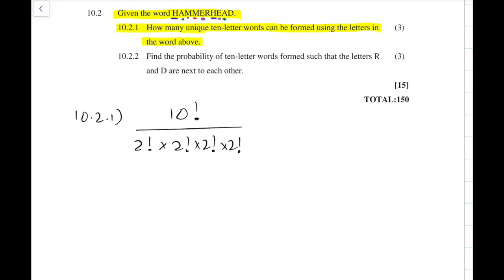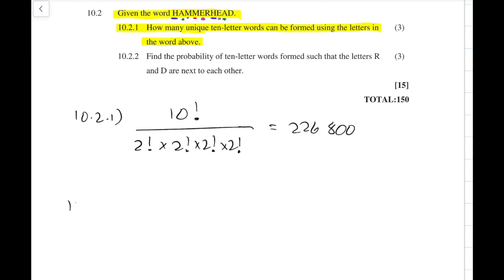So that sorts out each of those. It shouldn't be too big of a number. Just 10 factorial all over that. So 226800.